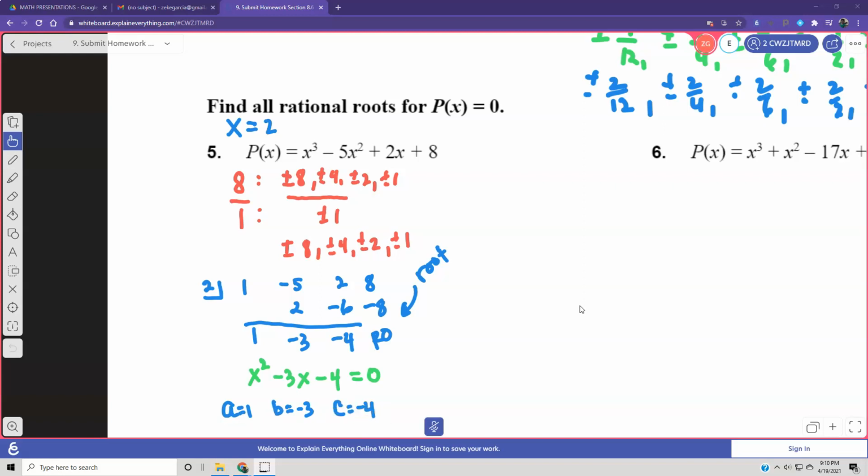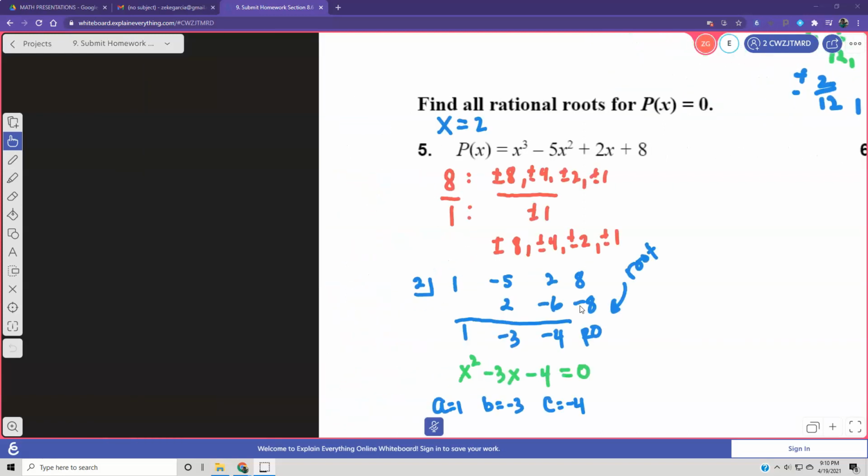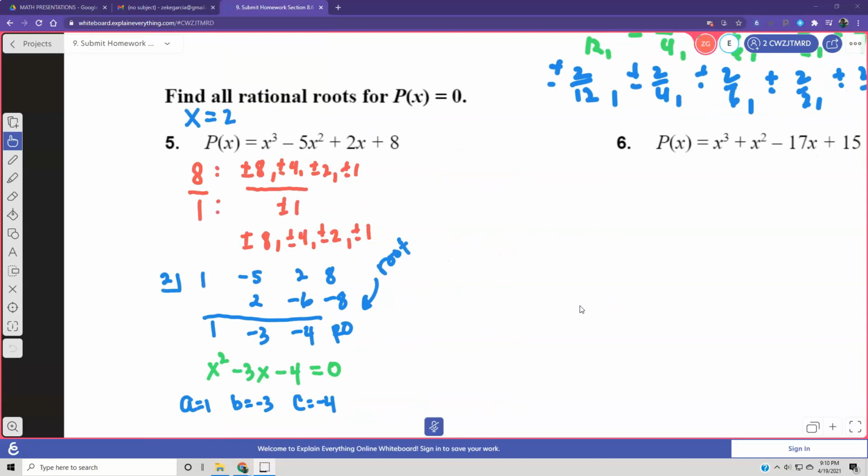So if we're going to use the quadratic formula, I'm going to move this over here. So we have the quadratic formula: x equals negative b plus or minus the square root of b squared minus 4ac, divided by 2a.